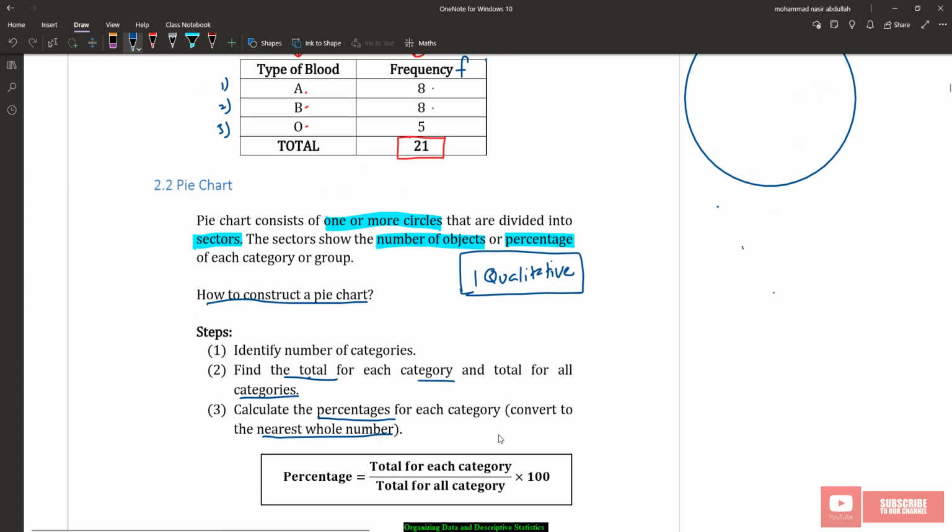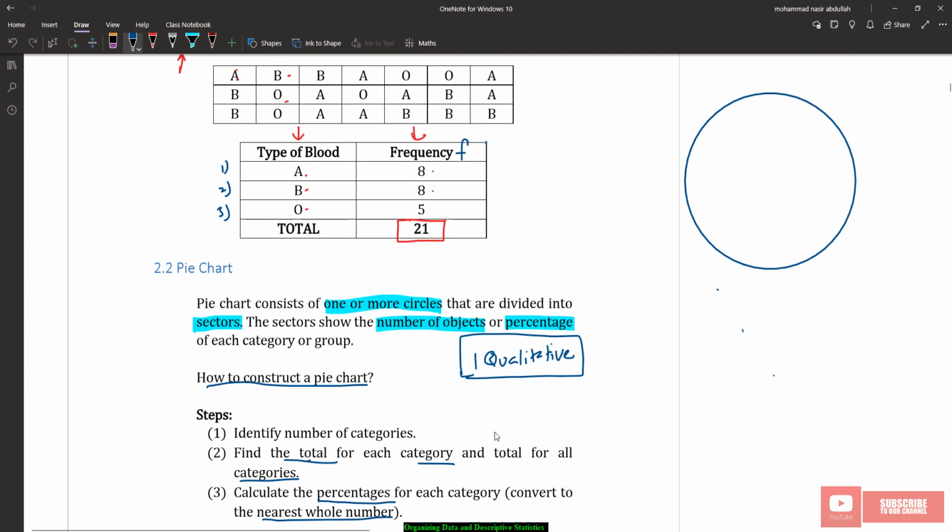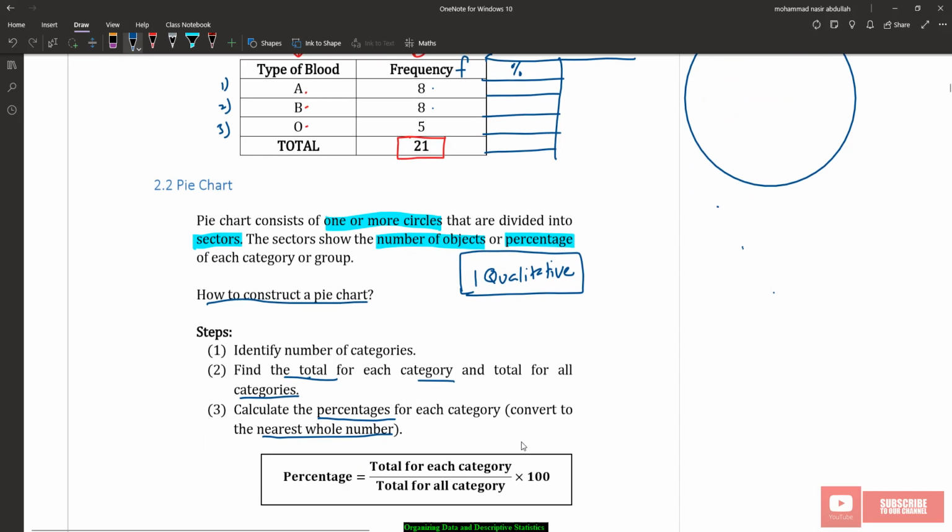So then step number 3, we need to calculate the percentage for each category, right? To calculate the percentage, we need to create another column called percentage. Percentage is calculated by the total for each category divided by the total for all categories.